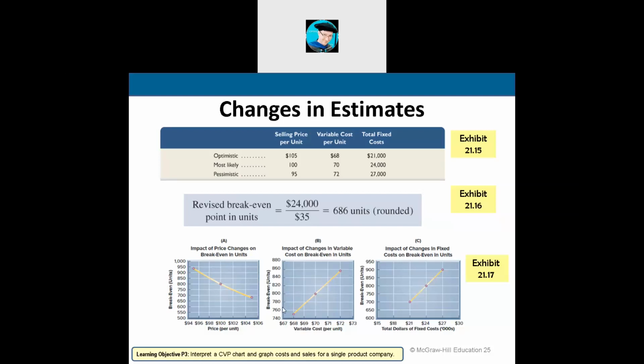And so it's like low, medium, high. Another way of thinking about this. As your costs change or your sales price changes, the break even also must change. The formula is going to be the same, but you need to revise the break even based off of those changes. That's what this shows us.